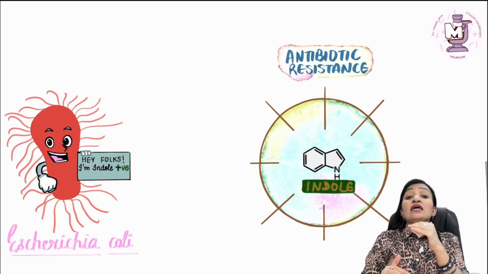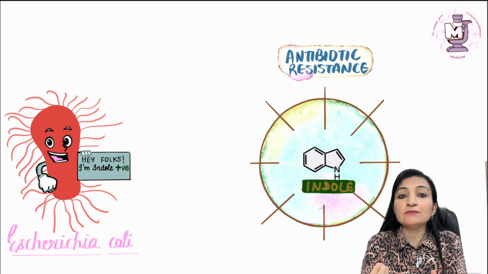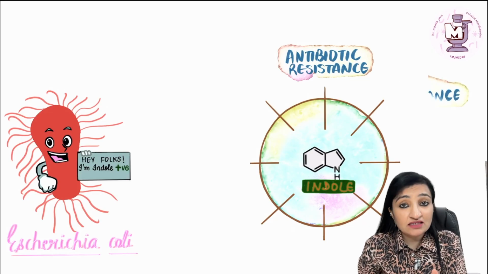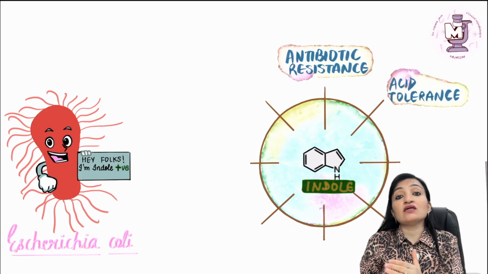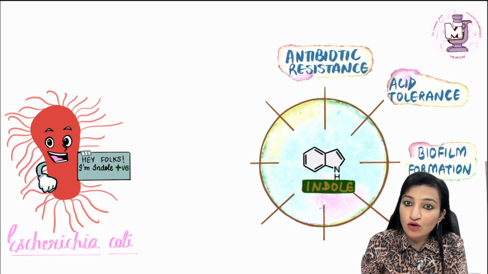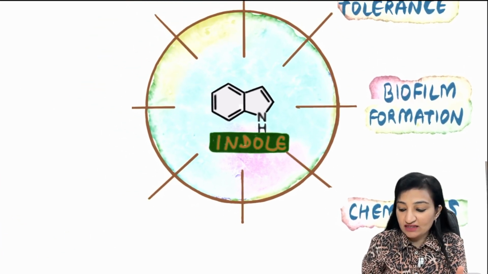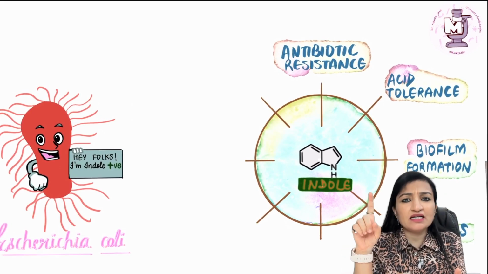For instance, it has been found that indole produced by the indole positive bacteria plays some role in antibiotic resistance. It plays another important role in acid tolerance. It has been found to contribute to biofilm formation, and it has also been found to contribute to what? Chemotaxis. Okay, so these 4 points are pretty easy to remember.